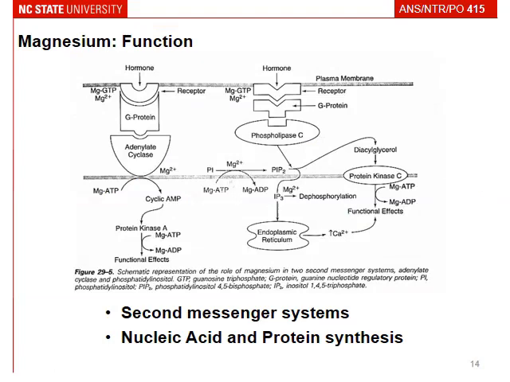So here's a schematic showing how magnesium functions in its second messenger cascade. Here you can see if we have a hormone bind to its receptor, we need the magnesium here, so we have magnesium GTP to activate the G protein. We need it here for the adenylate cyclase. We need it for protein kinase A over here.